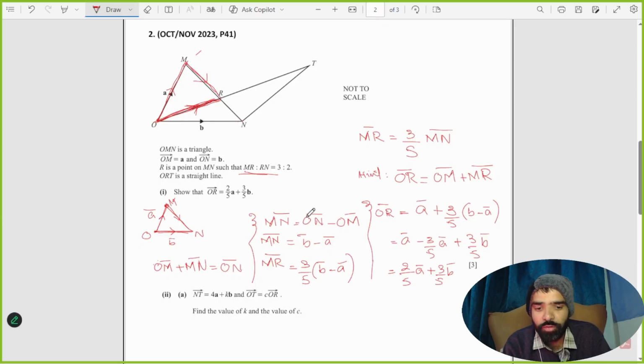Right? So then you find OR, and then you need MR as well. If you need MR, you have to have MN, because MN is the only side you can find in terms of a and b first, by considering the OMN triangle.